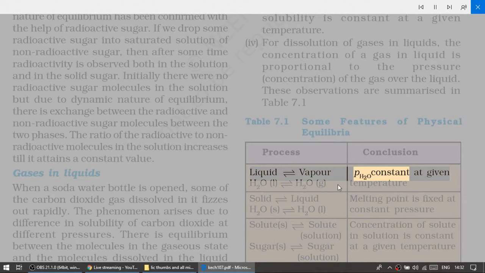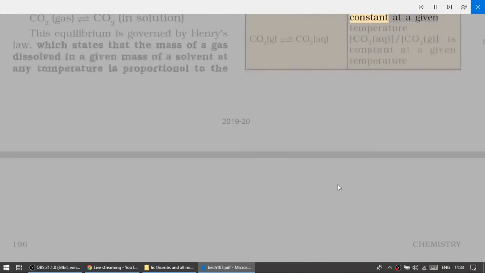Liquid ⇌ vapor: H2O(l) ⇌ H2O(g), vapor pressure is constant at a given temperature. Solid ⇌ liquid: H2O(s) ⇌ H2O(l), the melting point is fixed at constant pressure. Solute(s) ⇌ solute (solution): sugar(s) ⇌ sugar (solution), the concentration of solute in solution is constant at a given temperature. Gas(g) ⇌ gas (aq): CO2(g) ⇌ CO2(aq), is constant at a given temperature.